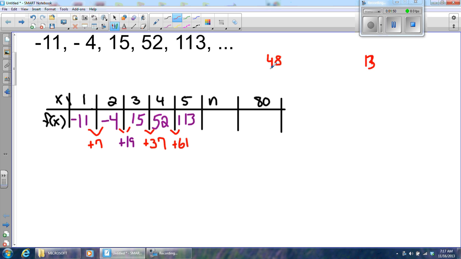And I added those two together. Okay, 61. So you think about numbers differently, and sometimes it's a lot easier than doing 113 minus 52, which is a good method, it works. But if I think, hey, 52 is 48 numbers away from 100, and 113 is 13 numbers away on the other side, the difference must be 61.